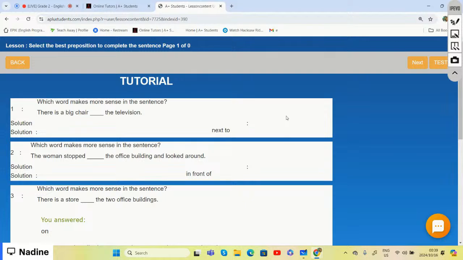If you look at the first one, it says there is a big chair. The television. Where will we find a big chair in the lounge? And we can say it is next to. So we say that there is a big chair next to the television.